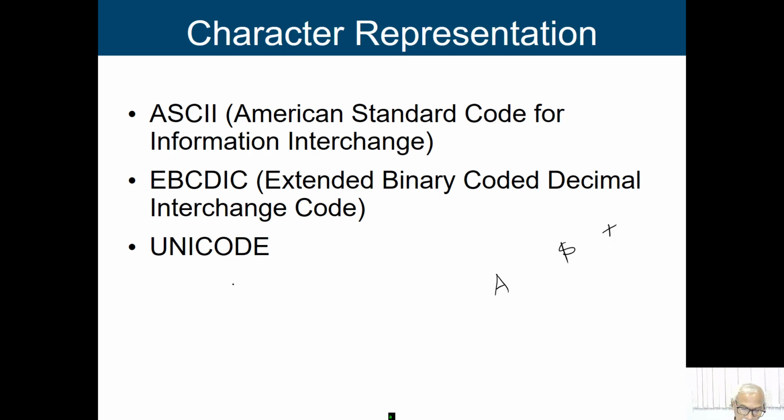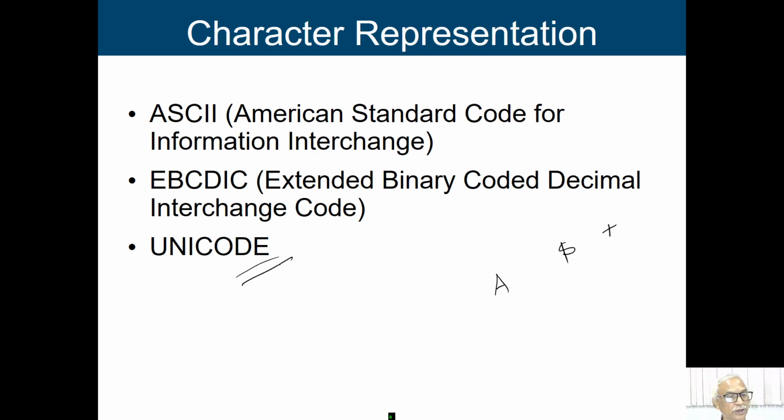Now, the last one is Unicode. With the help of Unicode, it is trying to give a unique code to each and every symbol that exists in this particular world. Okay. Like that, if I talk about the English alphabet A to Z, we are having a unique code. Now, if you take all the letters of our Devanagari script, for every one they are assigning a unique code.